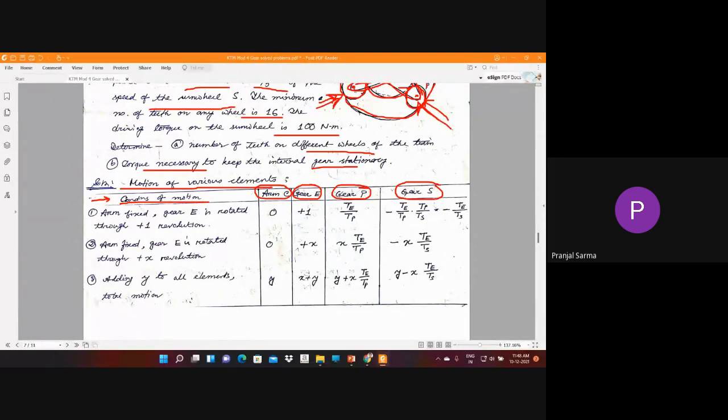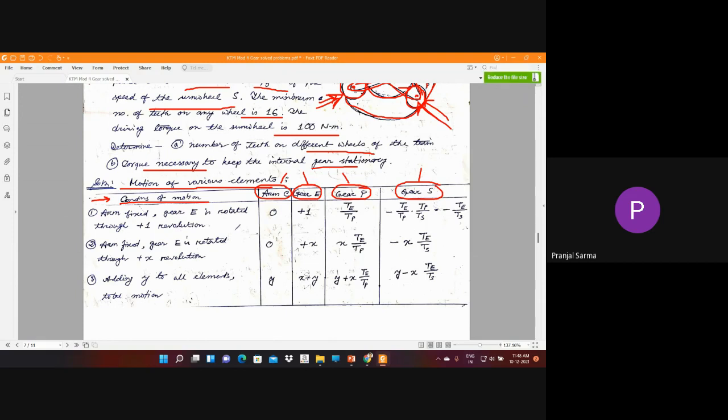In the subsequent columns we consider all the different elements starting from the arm: arm C, then the wheel E, one of the planet gears P, and the sun gear S. Now, first condition of motion, what generally do we consider?